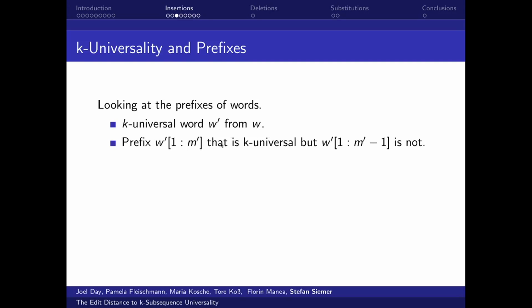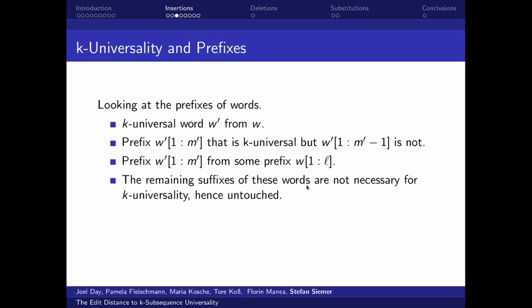We can see that we have some prefix in w prime from 1 to m prime that is k-universal, but if we remove the last letter, then it's no longer k-universal. And this prefix in w prime corresponds to some prefix of our original word w, in the sense that we created that prefix from our original prefix.